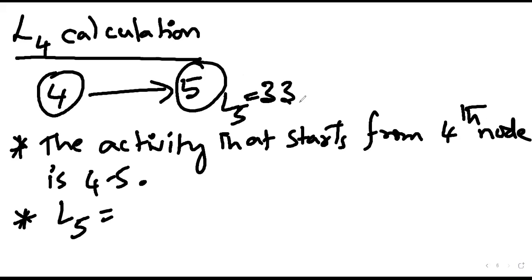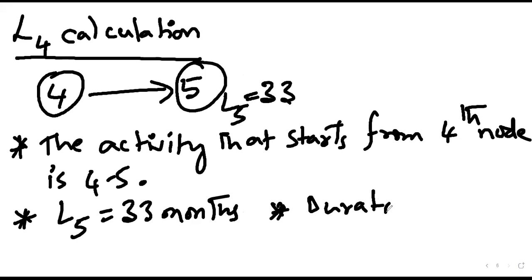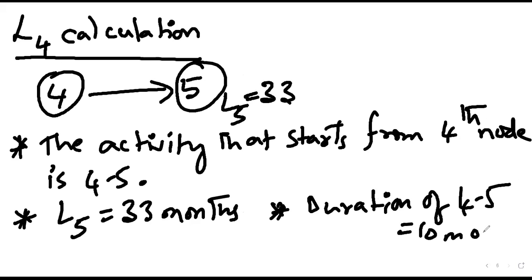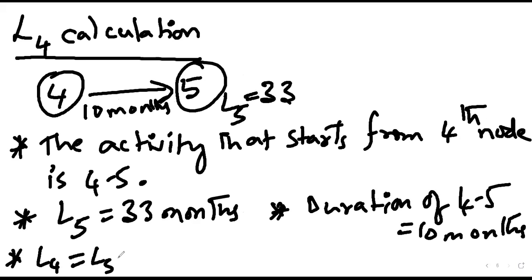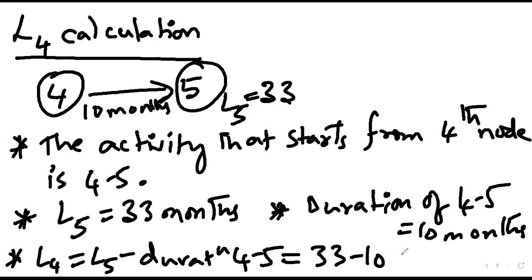And what is the duration of 4-5? 10. The duration of 4-5 is equal to 10 months. So L4 is equal to L5 minus the duration of 4-5, which is 33 minus 10, which is equal to 23. So this is how we calculate L4.